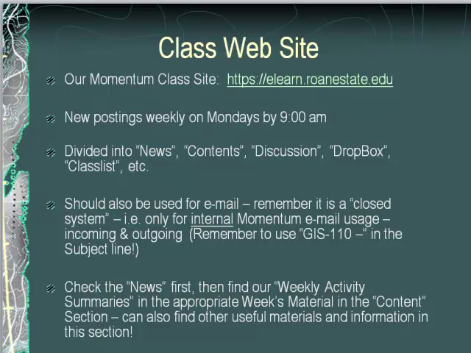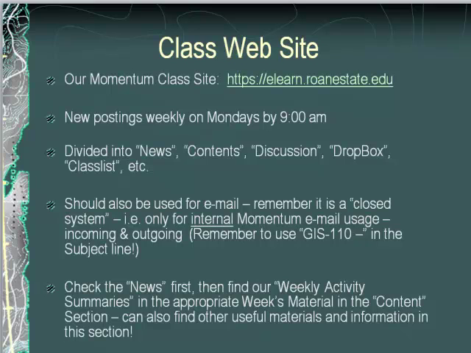The main thing to remember, and this is important, and it confuses students a lot, is that, unless it's changed since I taught last, the email within Momentum is what we call a closed system. In other words, to send me or anybody else in the class an email in Momentum, you have to be in Momentum yourself when you send the message. So the email system in Momentum only works for Momentum.